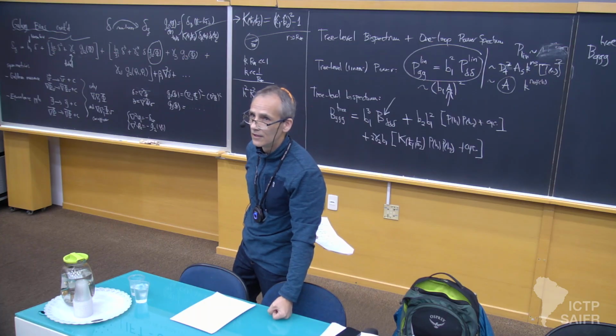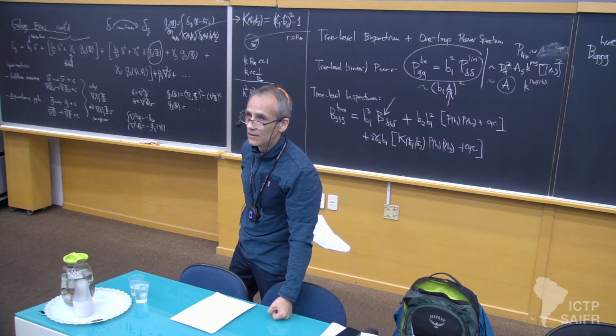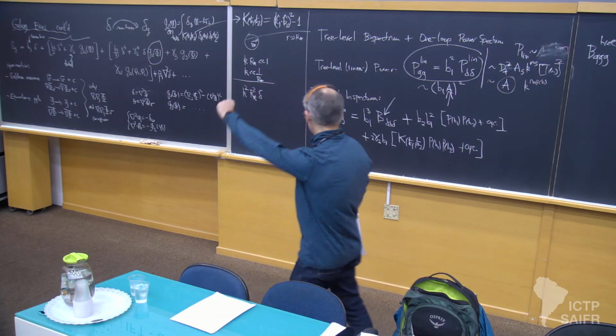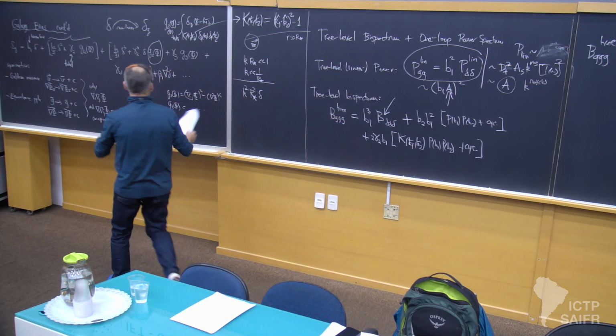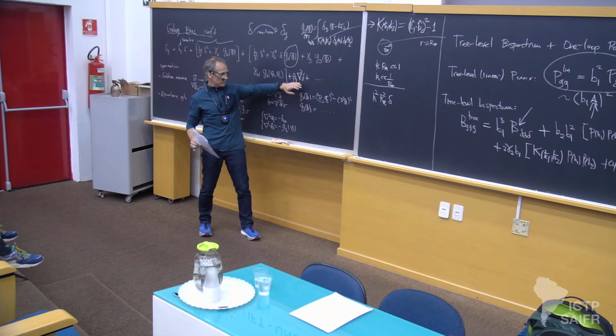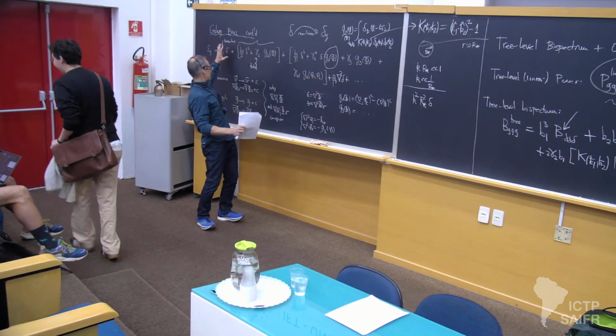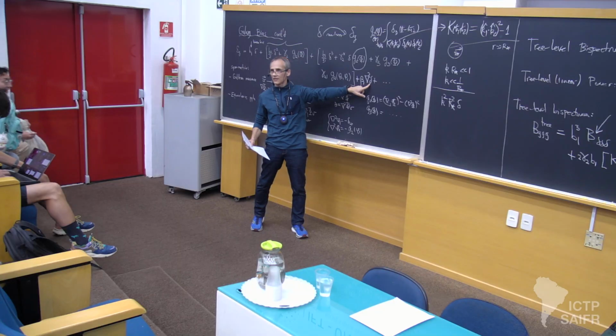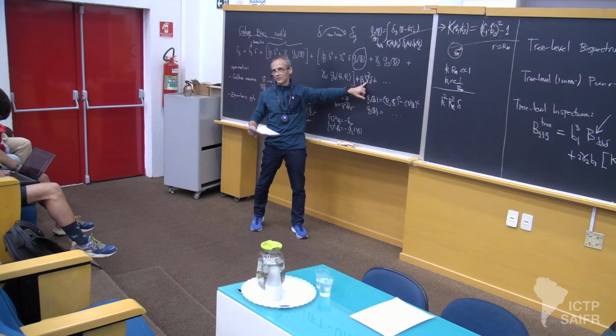Yes. When you go to Fourier space, the Laplacian becomes like k squared. Doesn't this beta enter in the calculation for the bispectrum at tree level? No, at tree level, no. In the notes, I go through some arguments of how to order these terms. This is first order, second order, third order. The question is, how do you count this one? It's linear in the fluctuations, but it has a k squared.